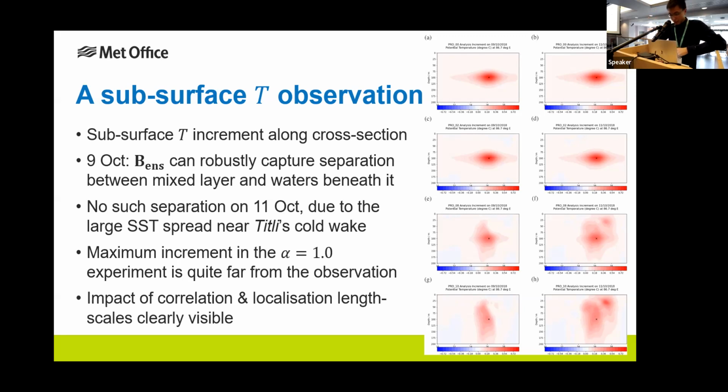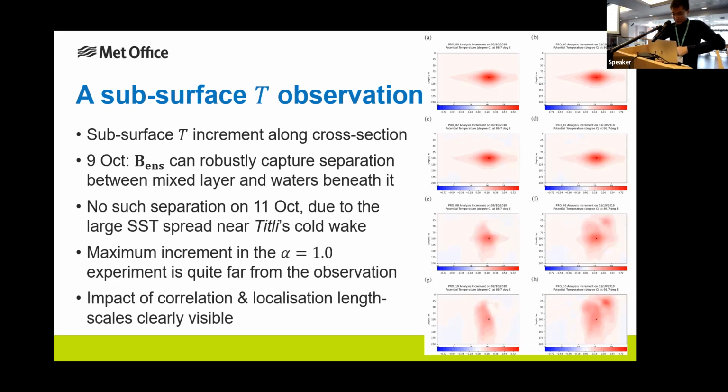On the 11th of October, there is no such separation, but it could be expected because the cyclone's cold wave would draw waters from deep ocean onto the surface. So there's much less separation between the two parts of the ocean.